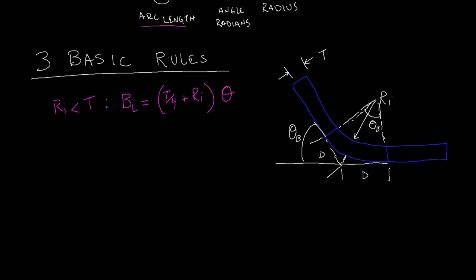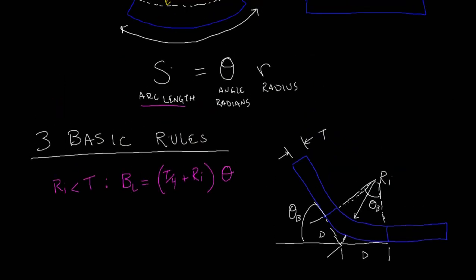Okay, so if we look at this formula here, it's really the arc length, which is the bend length, equal to the angle in radians, so that's the bend angle, times the radius.